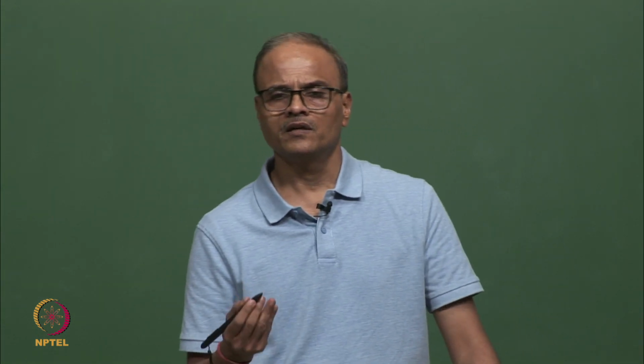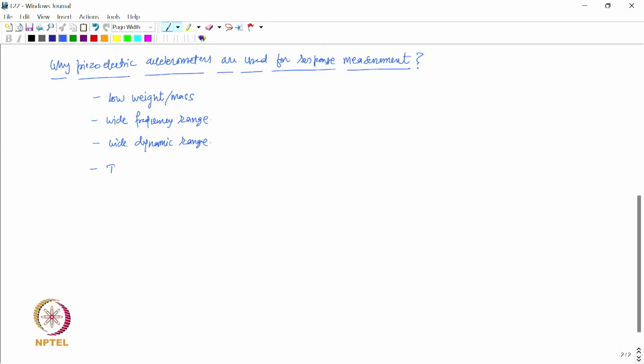And the other thing is that the integration needs to be carried out to obtain displacement and velocity, right. So, if we have measured acceleration, then the displacement and velocity can be obtained by the process of integration.